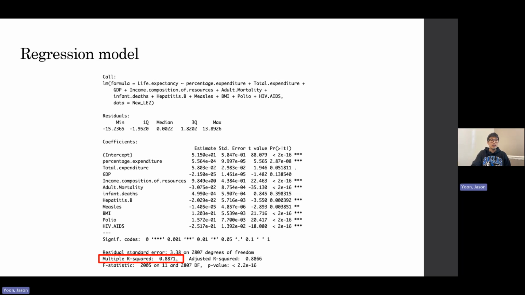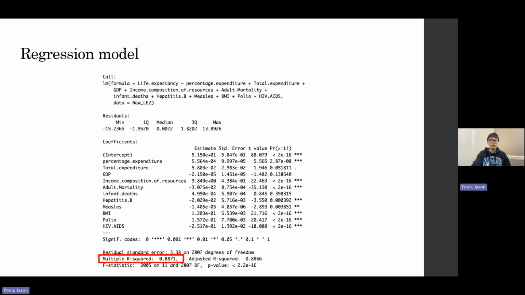So I want to introduce a summary of our regression model. We have a few data sets, and highly statistically significant model parameters for the intercept and slopes for percentage expenditure, income, adult mortality, and some health factors.